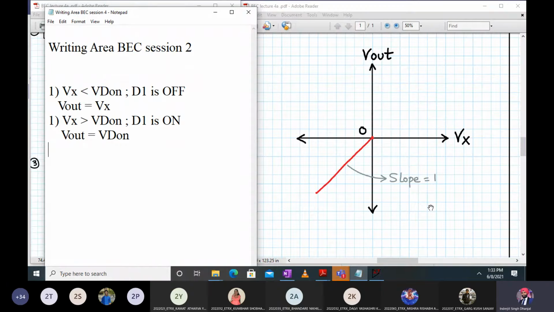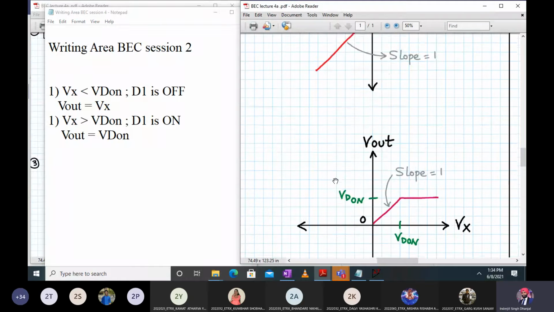This is called voltage transfer characteristics. Now, Vx less than Vd on means the diode is off, and when the diode is off, Vout is equal to Vx. That means in the negative half cycle, when the Vx value is negative, we have a straight line passing through the origin with a slope of 1. Because if I draw this line, that means my output value will be equal to my input value. Everyone following? My output will follow my input in the negative x direction.